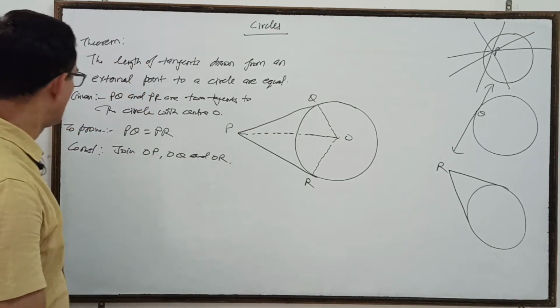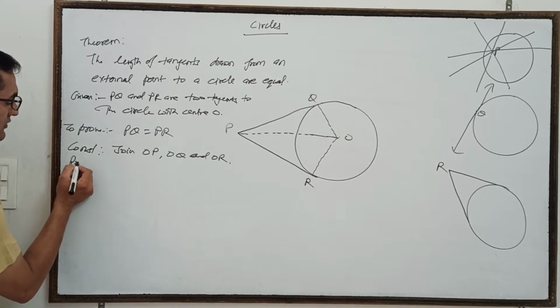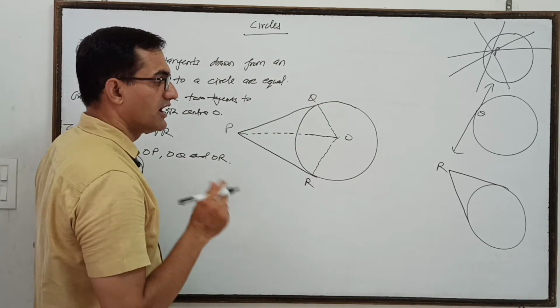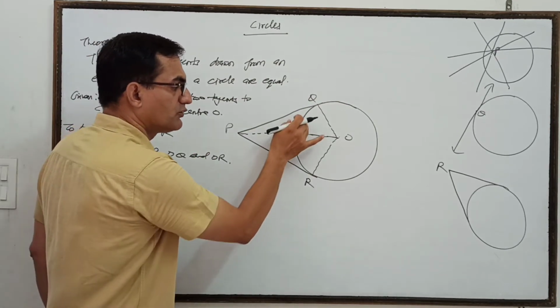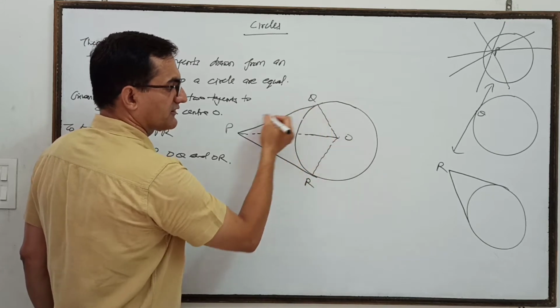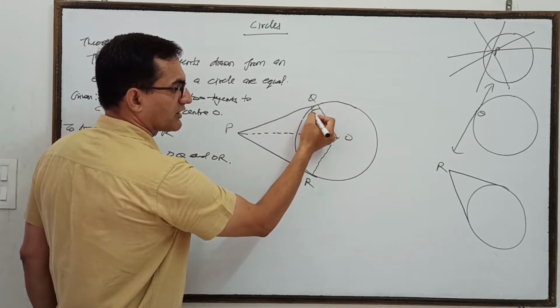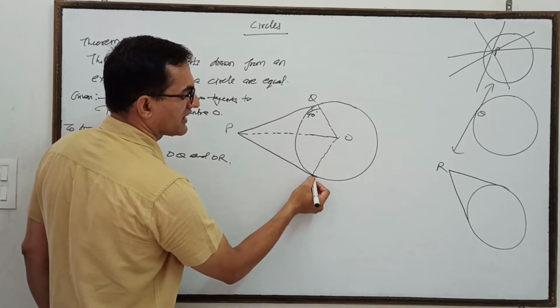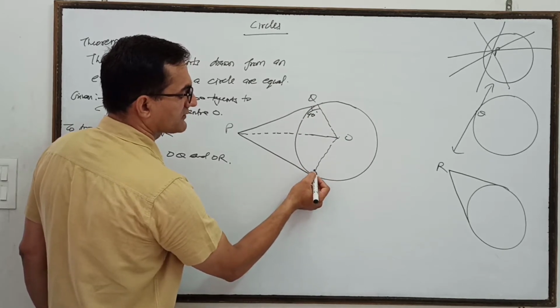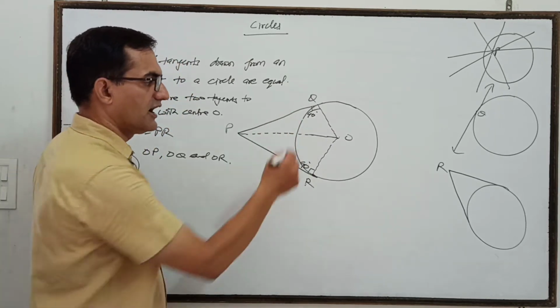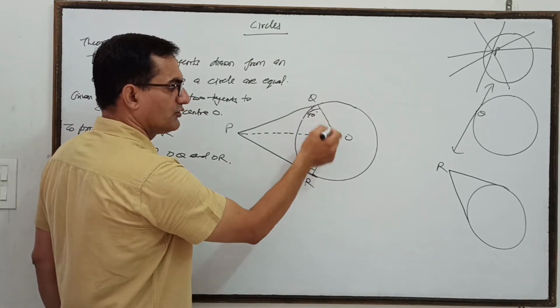Okay. Now the proof. How will we prove these two triangles congruent? The angle between the radius and the tangent at the point of contact is 90 degrees. This is the tangent, this is the radius, and at the point of contact this angle is 90 degrees. And OQ is equal to OR.